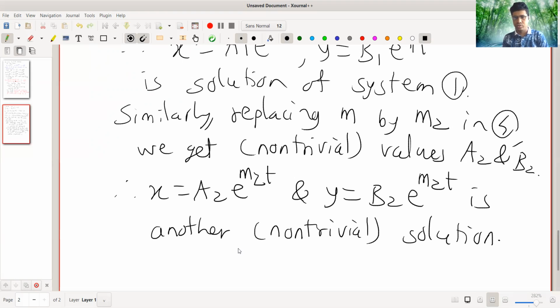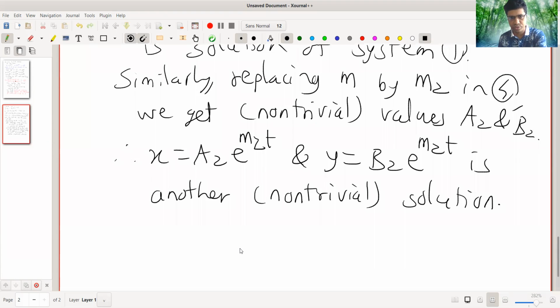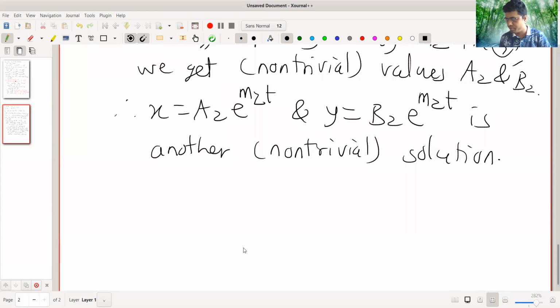Of course, these two are different solutions when m1 is different from m2.